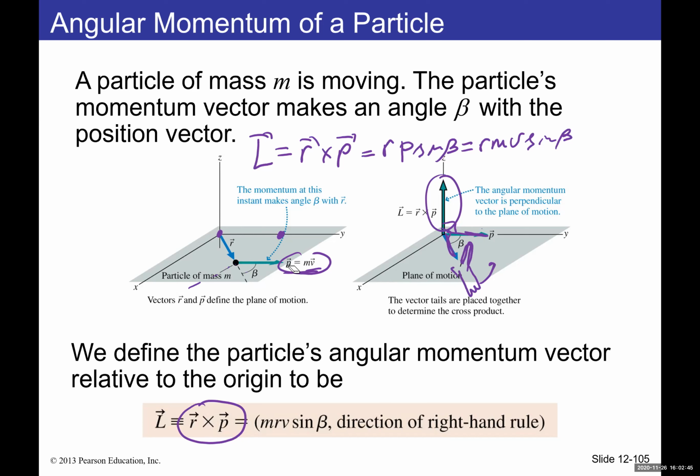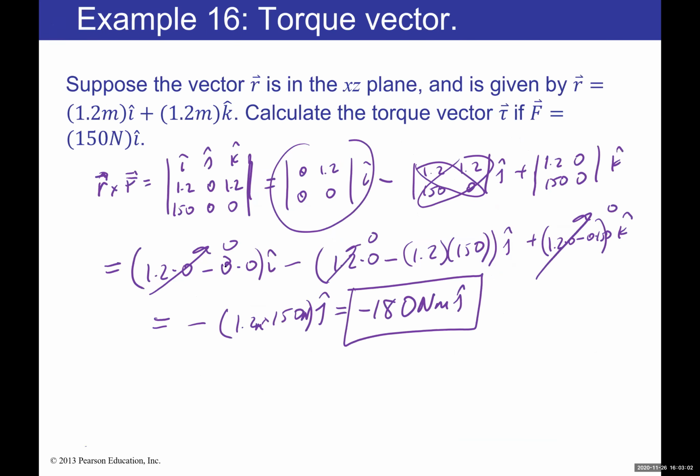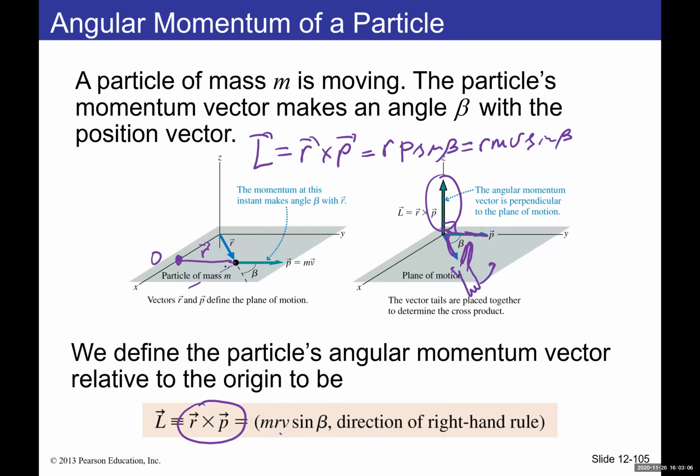But for example, if I take my reference position right here, and this is my r, then actually I can see that there is no angular momentum. Why? Because vector r and vector p are parallel to one another.